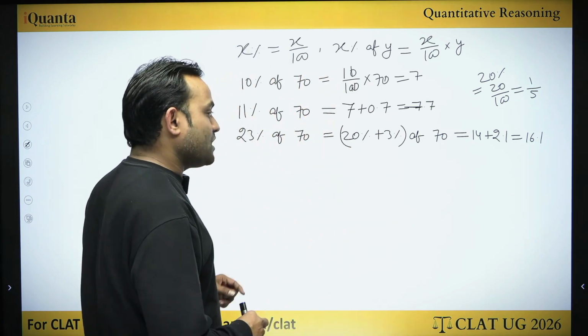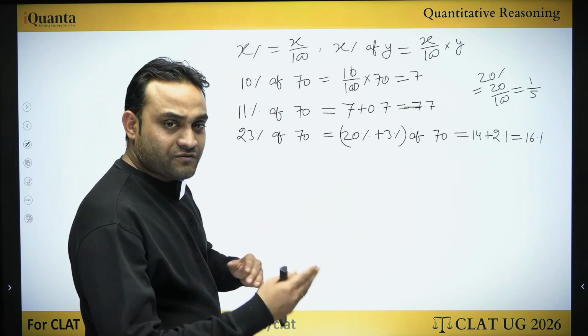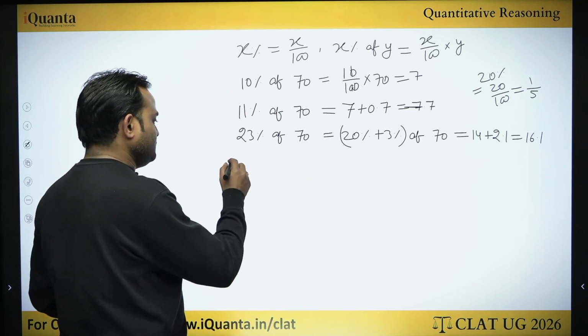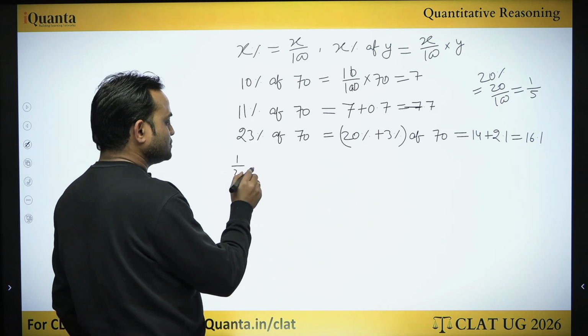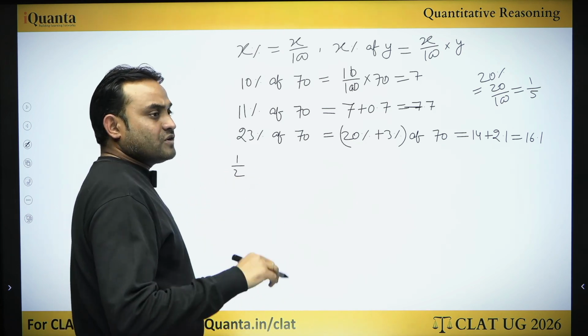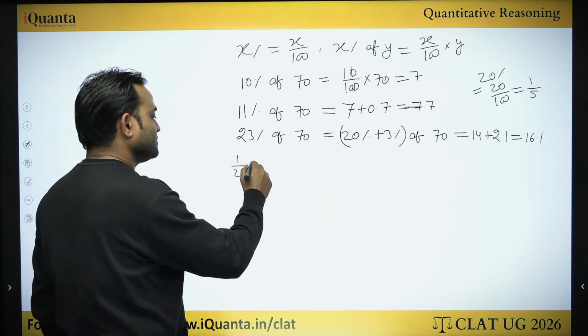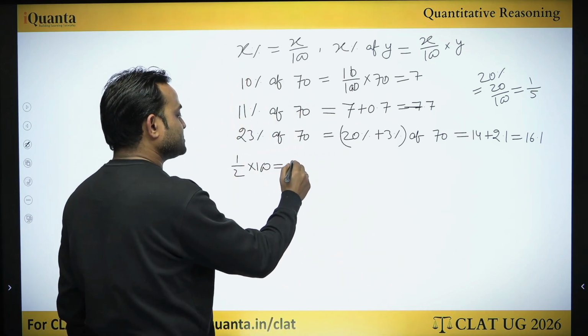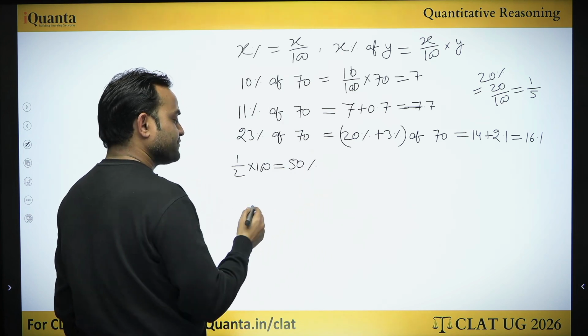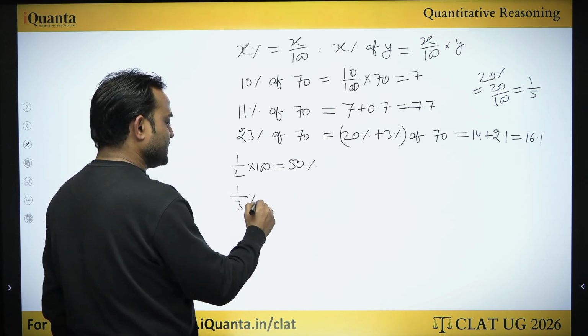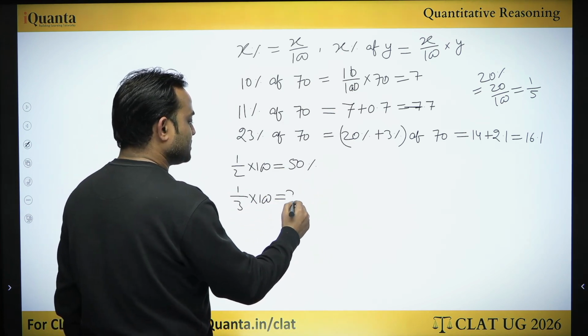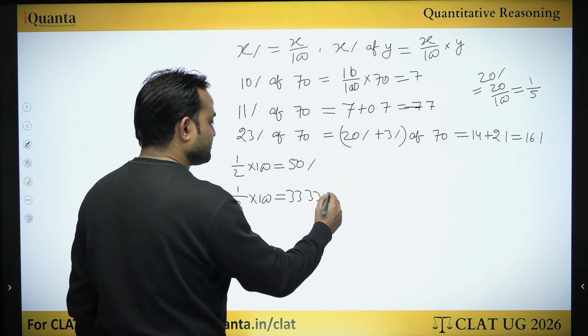Okay, now apart from that, some conversions you should know. What is 1 by 2? If you want to convert any fraction into percentage, then multiply it by 100. So 1 by 2 into 100 is equal to 50%. What is 1 by 3? 1 by 3 into 100 is equal to 33.33%.